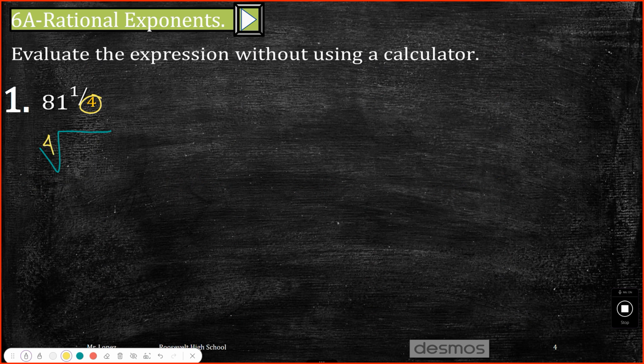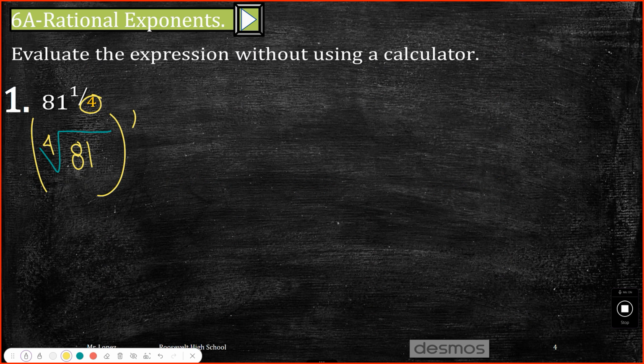So you're going to take the 4th root of 81. And then the top number in the fraction, you can just put it outside. That's how we're going to work it out. So it's asking, what is the 4th root of 81?